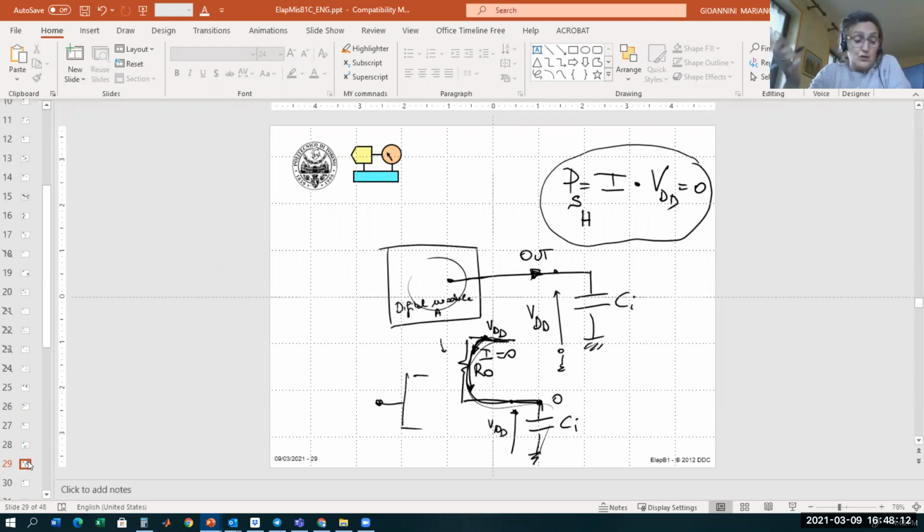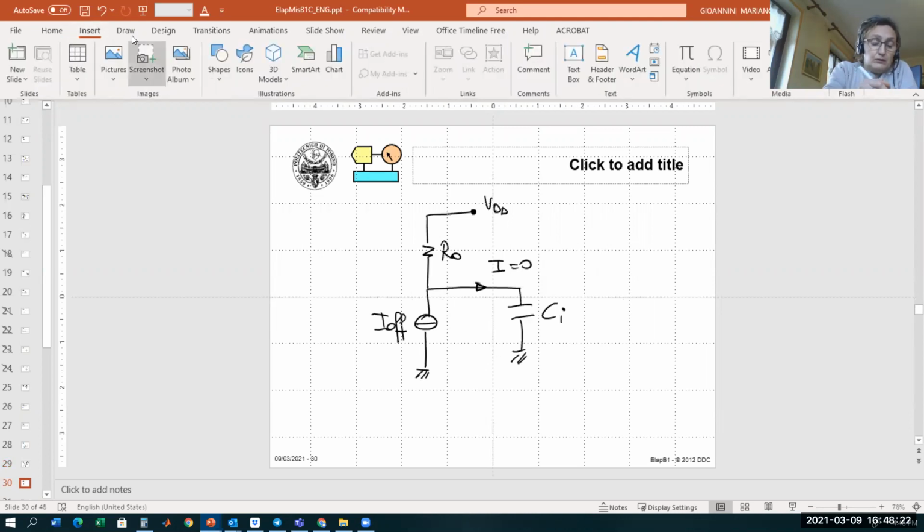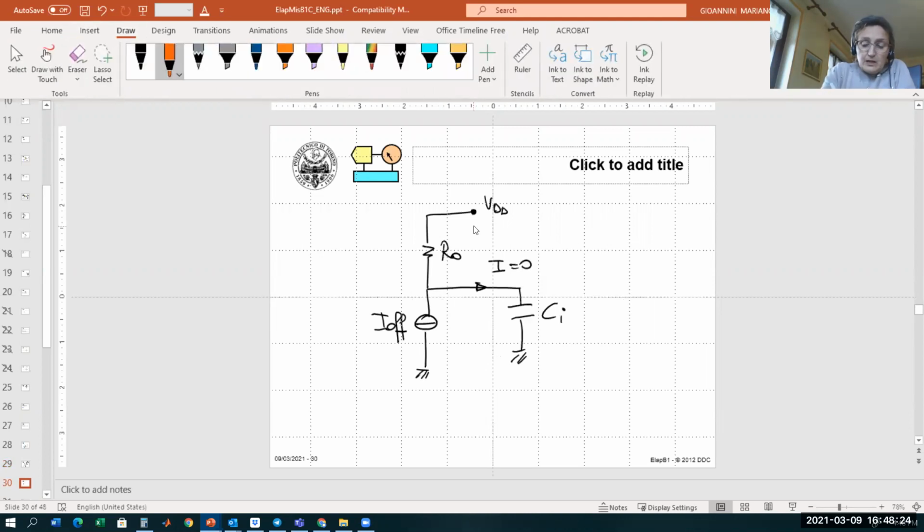This is not actually true because, as we see here, it's true that you have no current in this direction, but there's a small leakage current flowing from VDD down to ground. So actually the power consumption is I off times VDD.